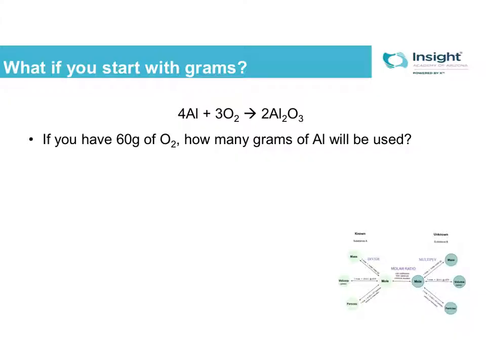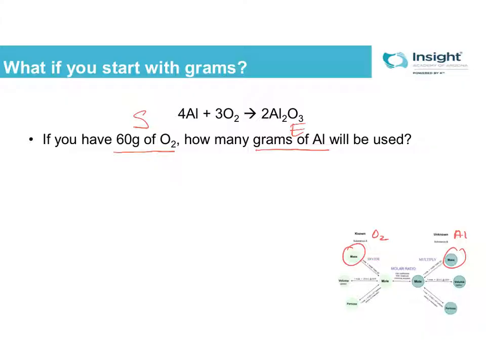So our starting point, we know we have 60 grams of oxygen, and we want to know how many grams of aluminum. So our known is O2, our unknown is aluminum. We are starting in mass and ending in mass.